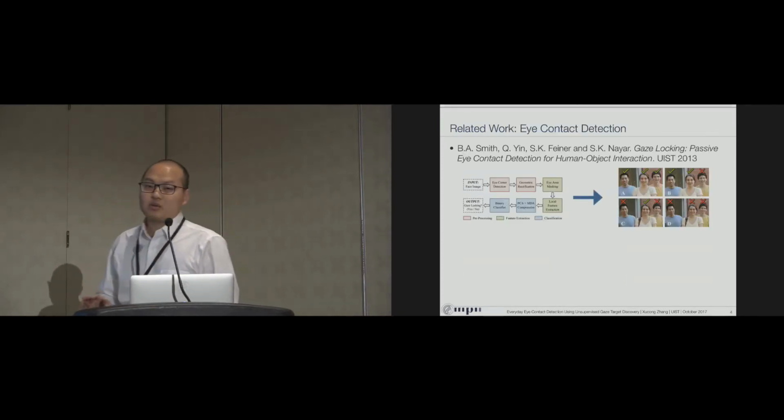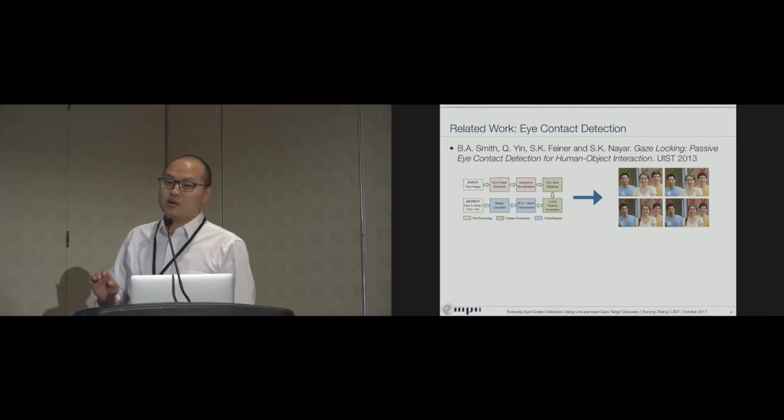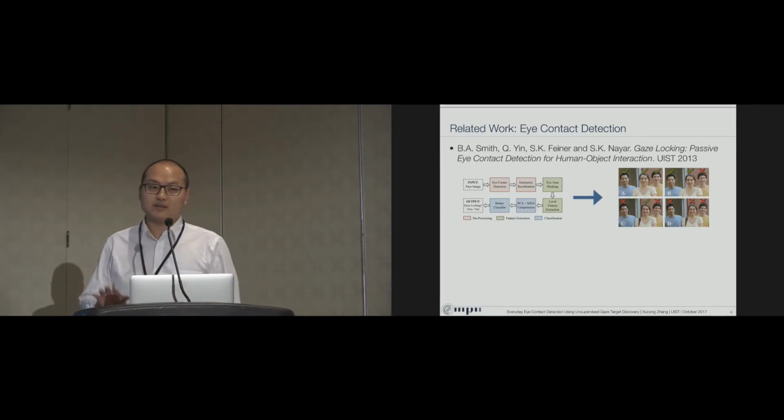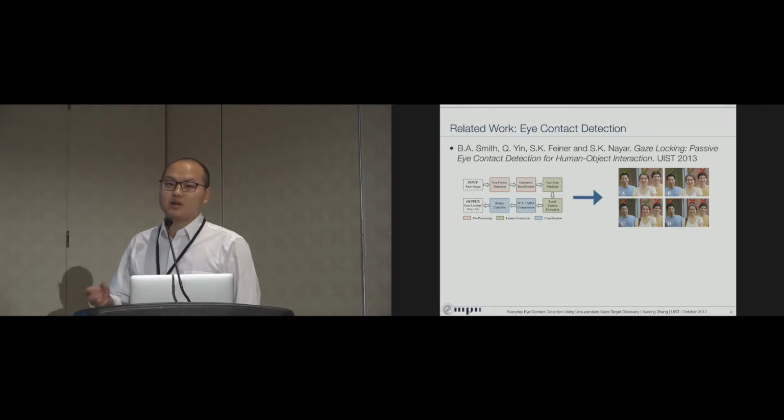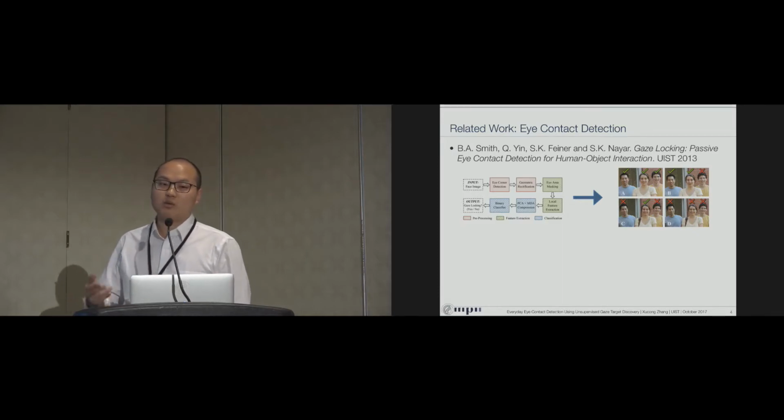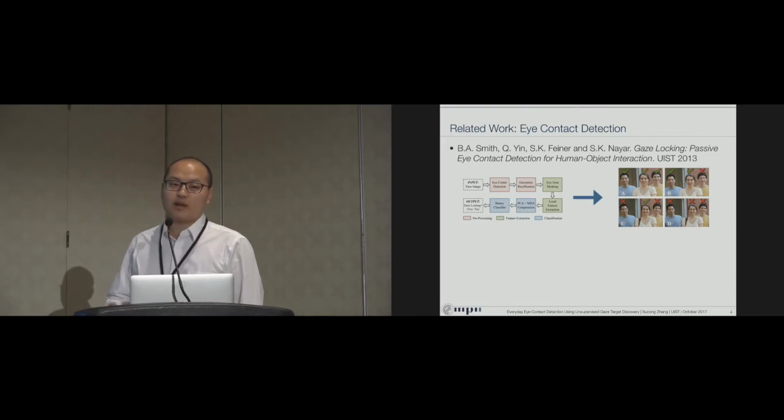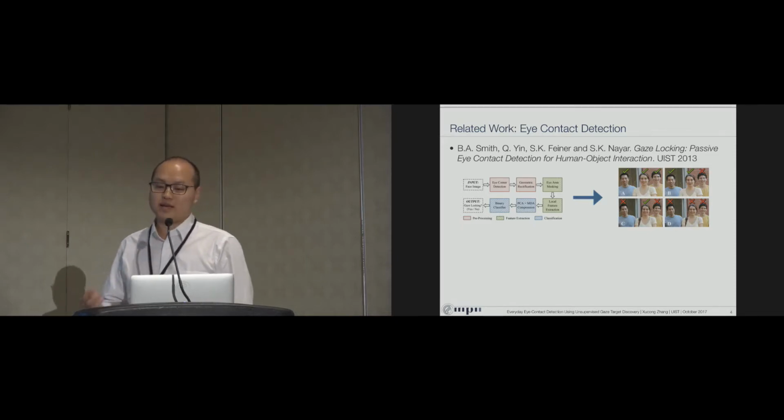The most related work to ours is this work from UIST 2013, where they first detect the face and then detect the eyes. They crop the eye out to train one eye contact detector for the camera. So they are judging whether there is a person looking at the camera or not.